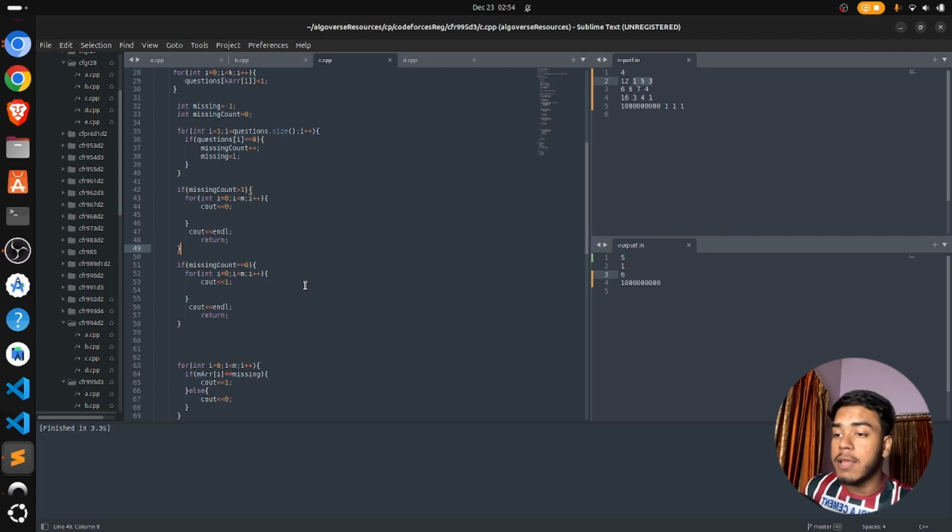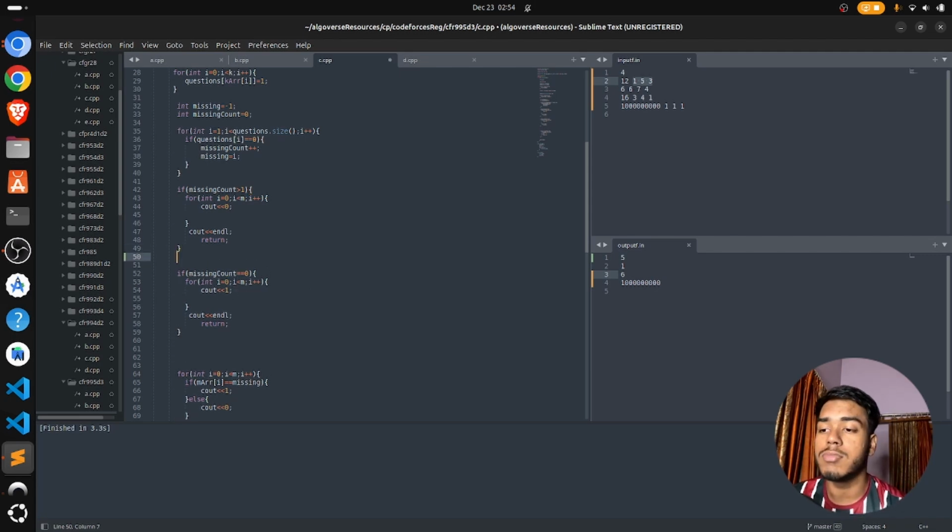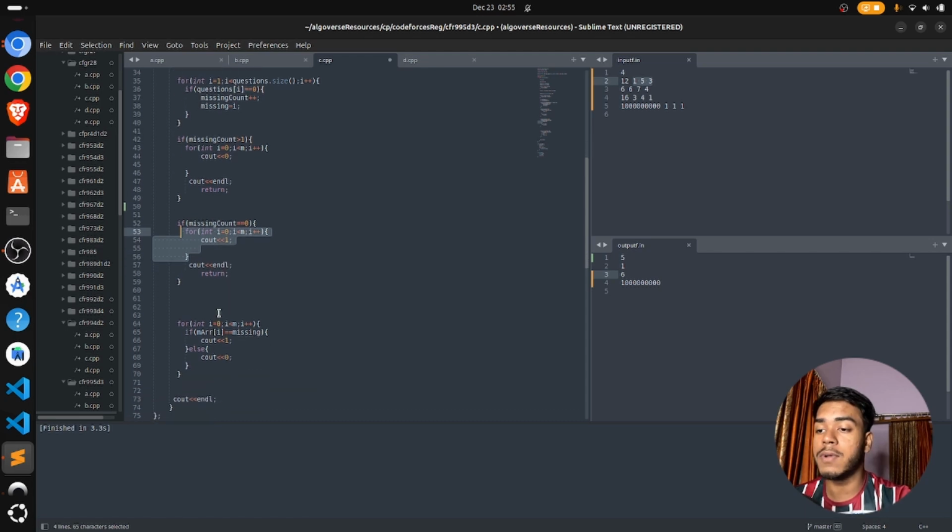And if missing count equals 0, everything will be fine, all is well, every problem is known to Monocarp, the main character, the chosen one. So here you output 1 for everyone.